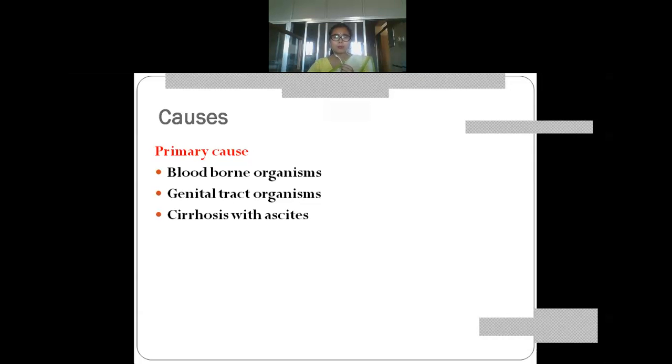So the fluid that gets accumulated in the peritoneal cavity serves as an excellent medium for all these blood-borne organisms or the genital tract organisms to flourish there, okay? So that can result in peritonitis.